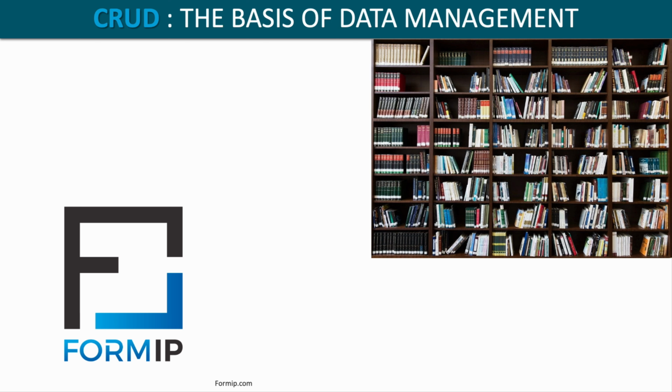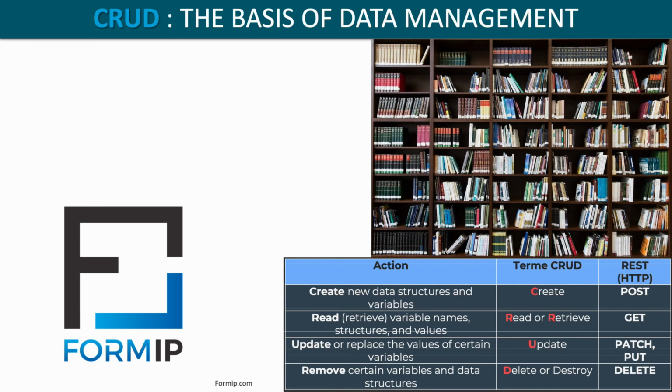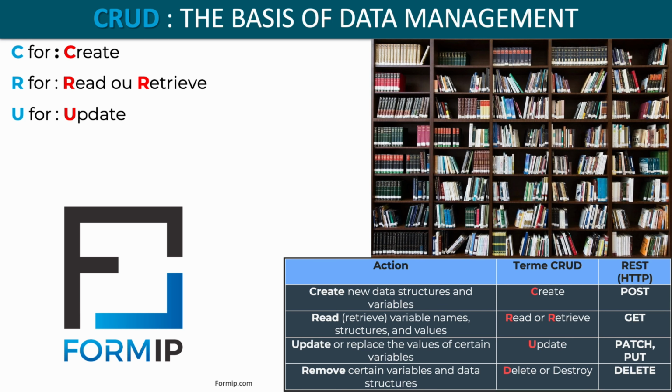The software industry uses the acronym CRUD, which is a mnemonic word to define the four main actions performed by an app. C for create, the R for read or retrieve, the U for update, and the D for delete or destroy.